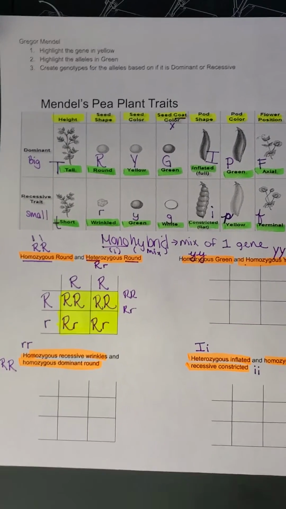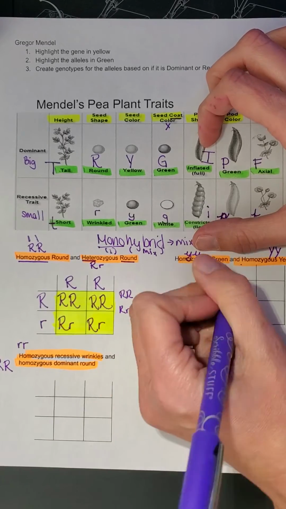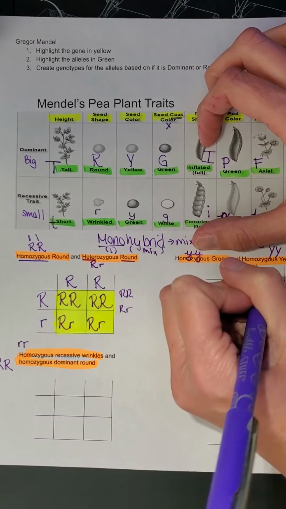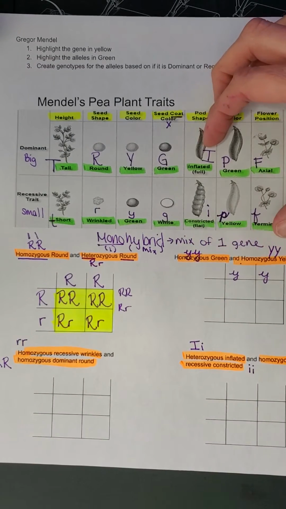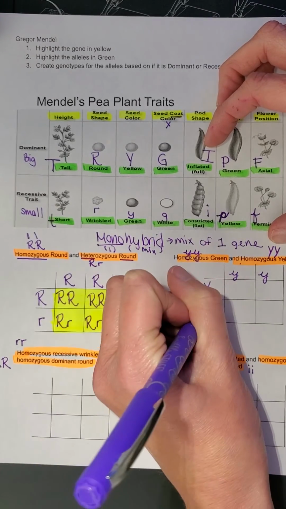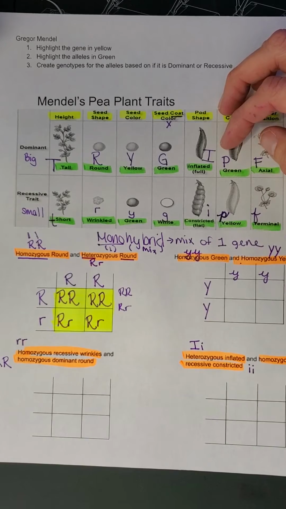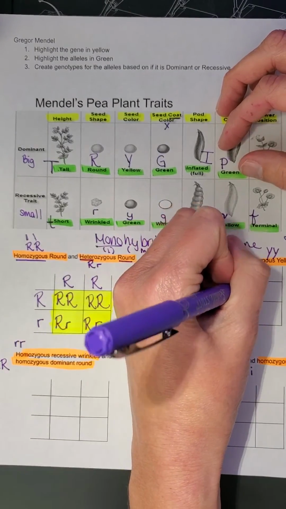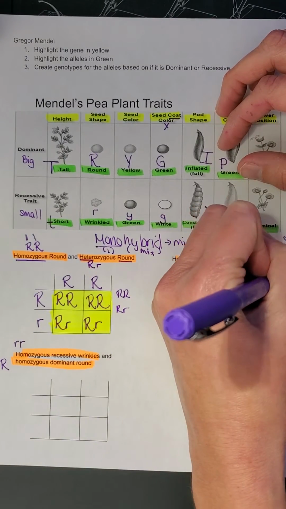Now, let's look at this one. This parent could give a little y, or this parent could give a little y. This parent could give a big Y, or they could give a big Y. Now how you put it on is you go down, and then you go down.